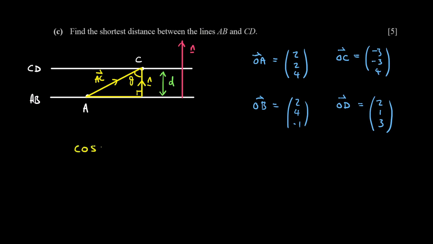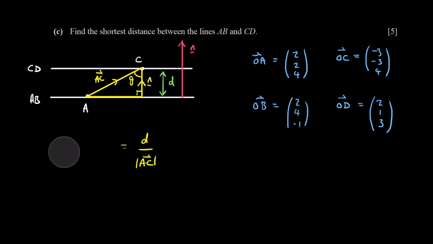Well, the cosine of theta will be equal to the adjacent side, which is D, divided by the hypotenuse side, which is the magnitude of AC, right? So if you're not sure about that, the cosine of that angle is equal to that side length there, which is D, divided by the magnitude of AC.